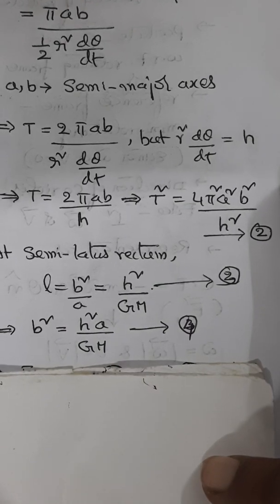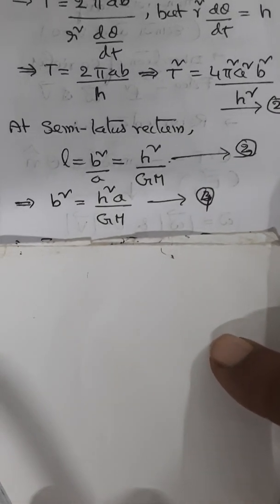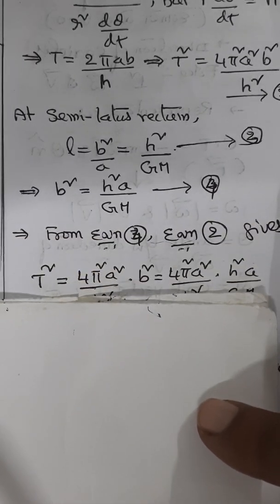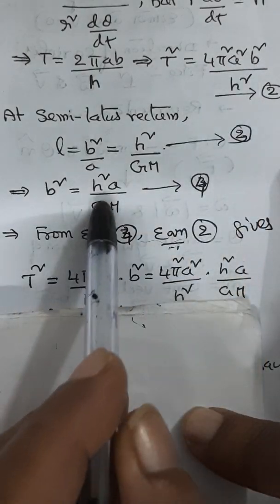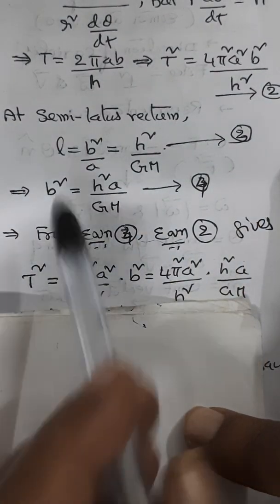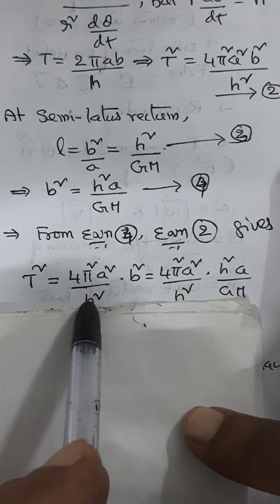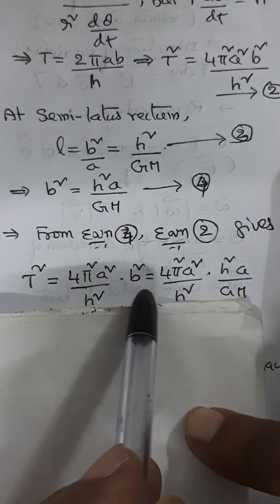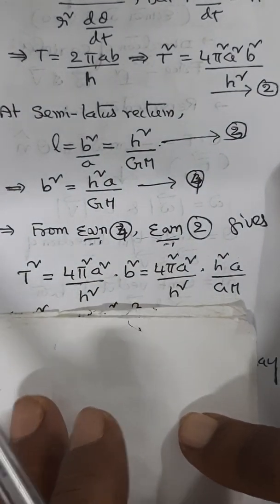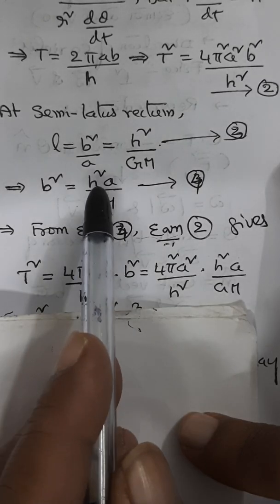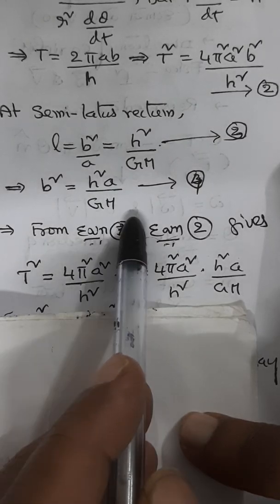What will we get? T² will become 4π²a²/h² into b², so 4π²a²/h² into, what is b²? h²a/GM.